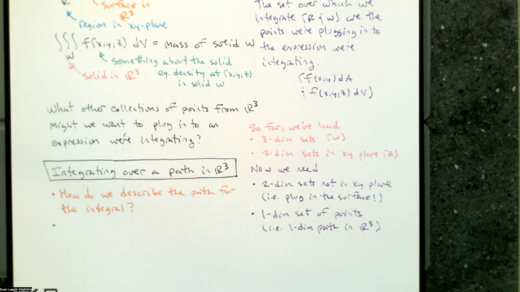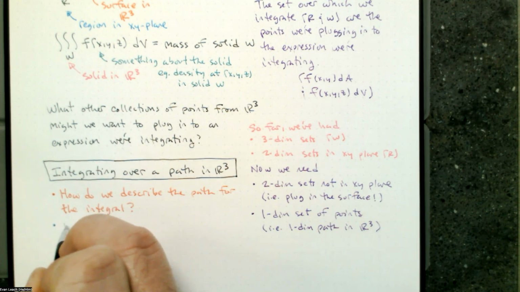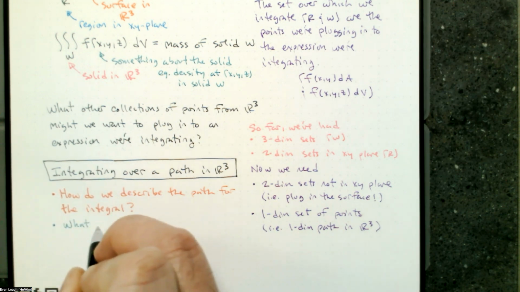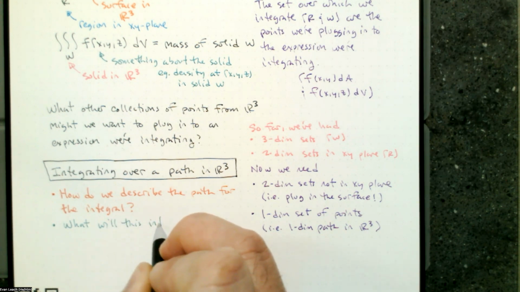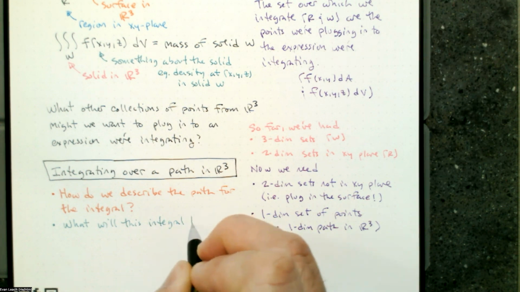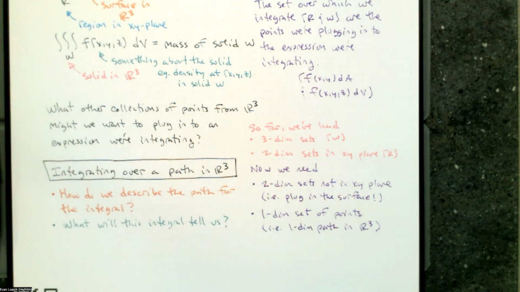So first, how do we describe the path for the integral? And second of all, under what conditions might we want to do this? Clearly, this is a thing that we want to do. Under what conditions? What will this tell us? What's our canonical example going to be?